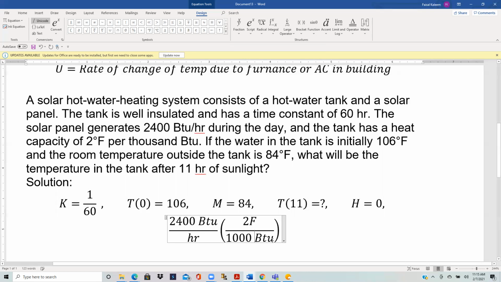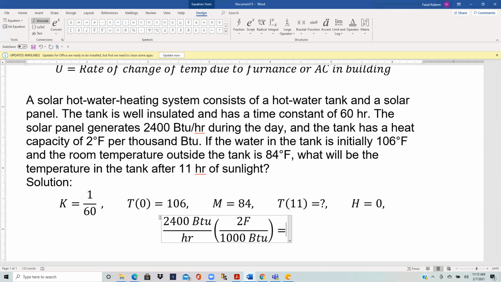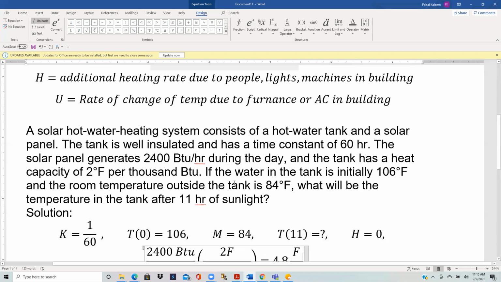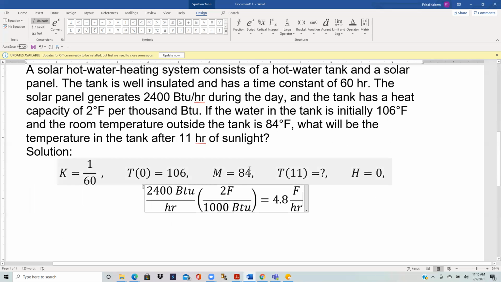Now you see that the BTUs cancel out, and 2400 times 2 over 1000 is 4.8, and we get Fahrenheit per hour. So that's equal to 4.8 F per hour. And that's the rate of change of temperature due to furnace. In this case, solar panel is the furnace, so that thing is equal to U.